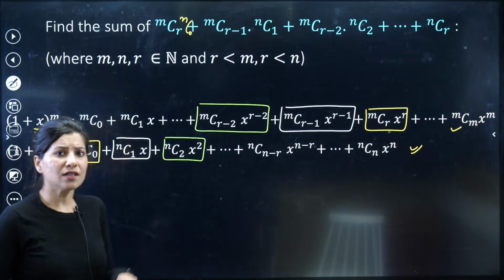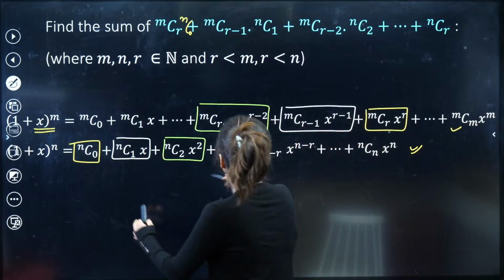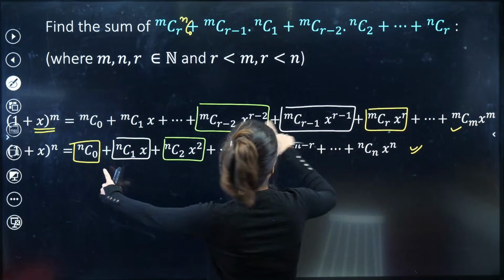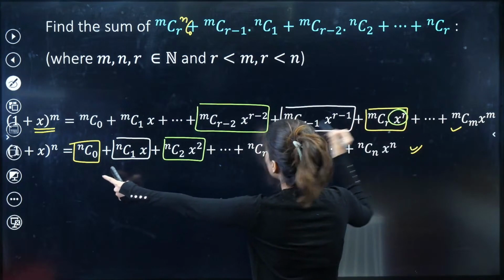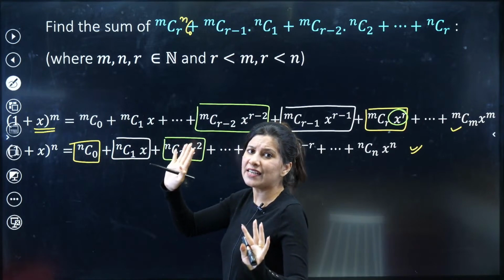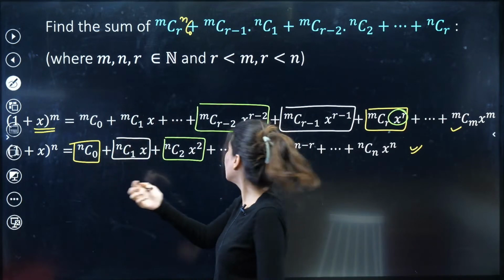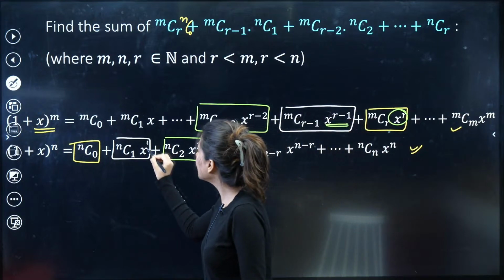Now, can you understand what is happening here? This term has x raised to the power r, which gets multiplied with x raised to the power 0. So the final power of x is r. What about this? x raised to the power r minus 1 is getting multiplied with x raised to the power 1.